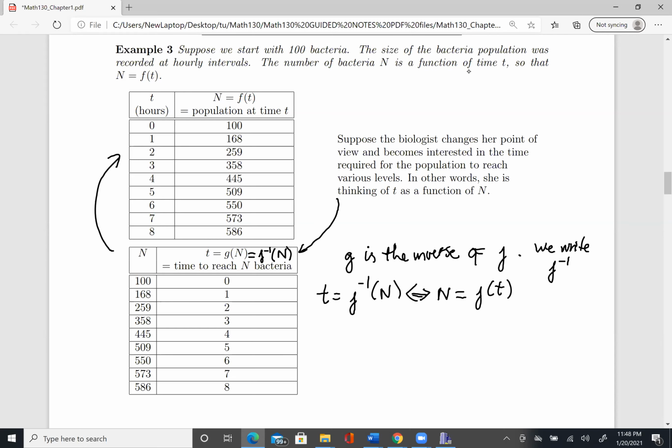So 550 over here will actually give me f of 6.